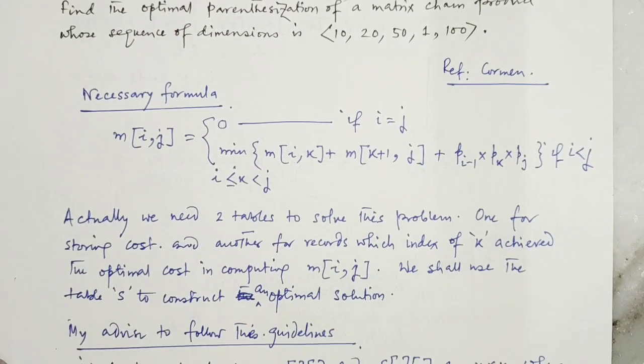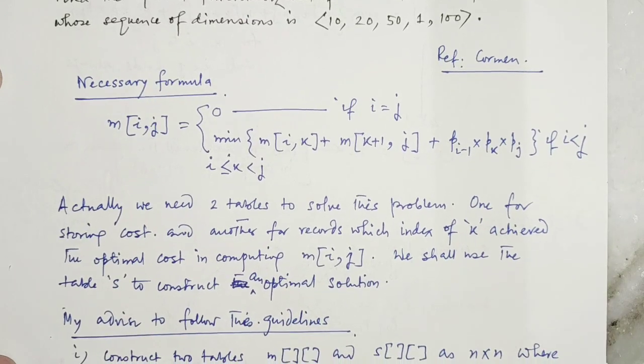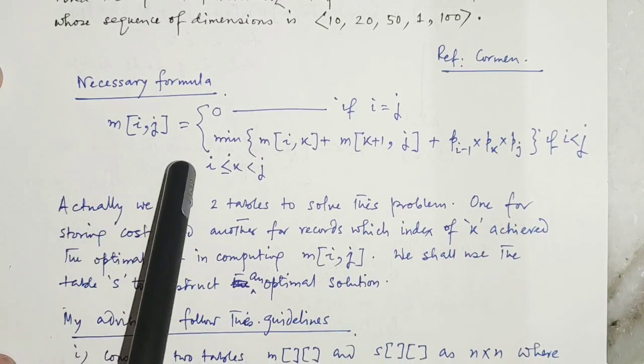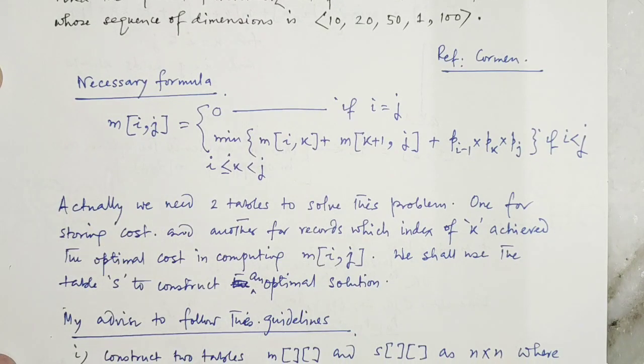And the necessary formula, which we have already derived in our last class, is m of i j equals 0 if i equals j. M is a table which will be used to store the cost of multiplications, and here we are less bothered about the product generated, rather we are interested in the cost of multiplication.